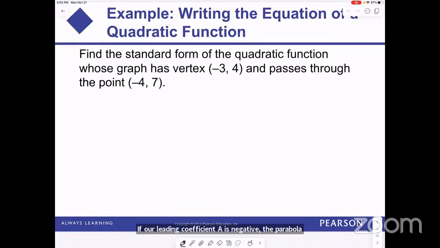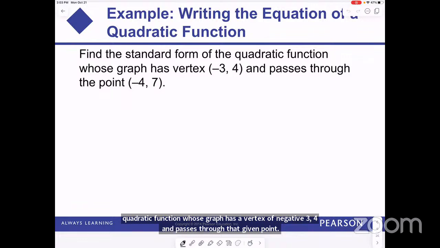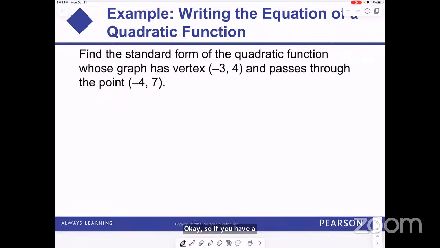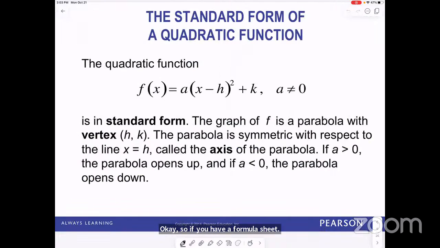Here we're asked to find the standard form of a quadratic function whose graph has a vertex of -3, 4 and passes through the given point. If you have a formula sheet, it's a good idea to update it with the standard form of a quadratic function.